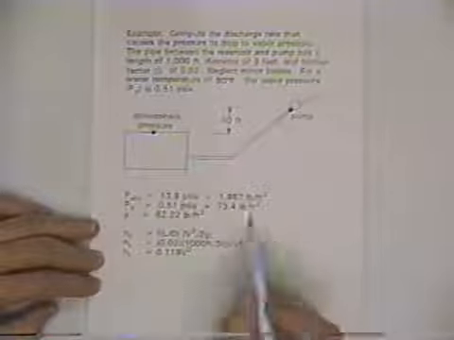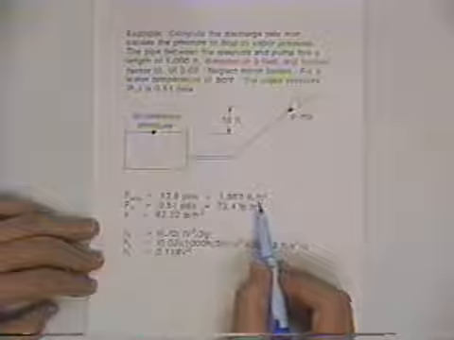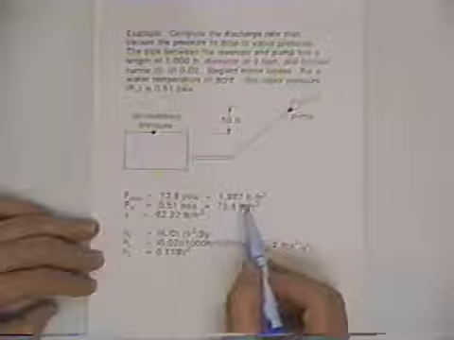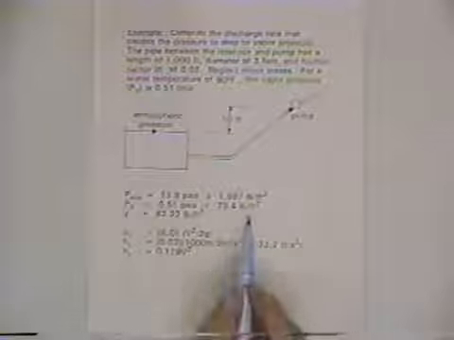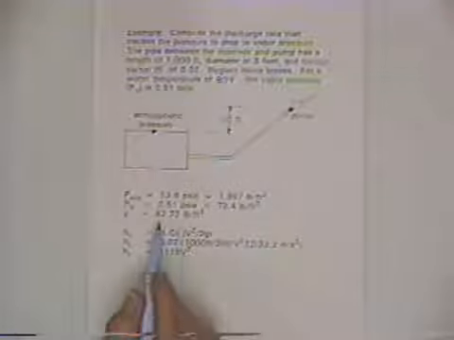The data given here: atmospheric pressure is 13.8 psi absolute, which converts to 1,987 pounds per square foot. The vapor pressure, the pressure at which the liquid water converts to bubbles of vapor, is 73.4 pounds per square foot, and the unit weight of water at this temperature is 62.22 pounds per cubic foot.